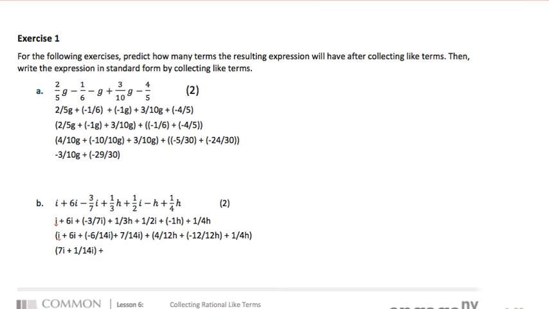And the 1/4 would be 3/12. Okay, we group those together: 4/12 plus negative 12/12 plus 3/12. This would give us negative 8/12, negative 5/12 altogether.